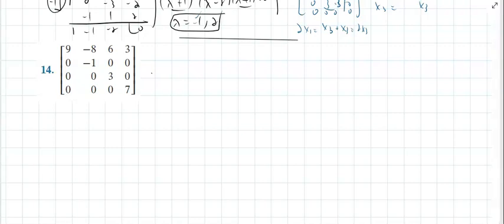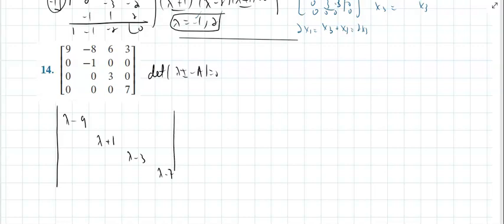So if I take the determinant of lambda I minus A equals 0, I'm looking at pretty much lambda minus 9, lambda plus 1, lambda minus 3, and lambda minus 7. Change all of these signs. And you notice this is a triangular matrix.